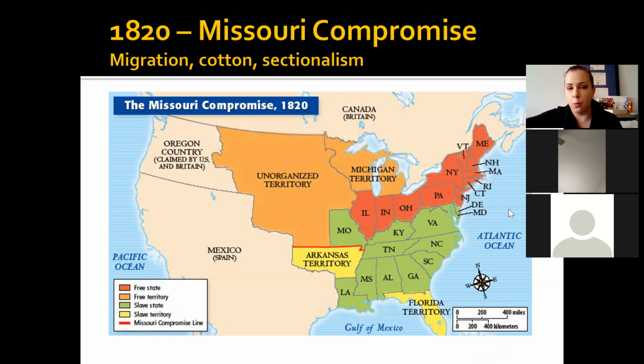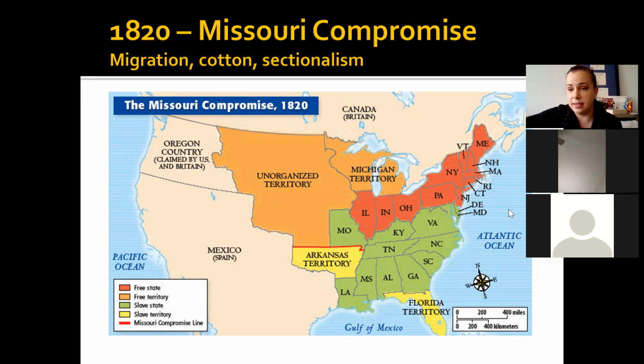We also see a wave of migration from Europe, specifically from places like Germany, Ireland, and England. So we have more of what we call old immigrants coming in from Western Europe, and they need a place to go. They can't all settle in the cities. And so we start seeing the settling of states like Illinois, Indiana, Missouri, Tennessee, etc.